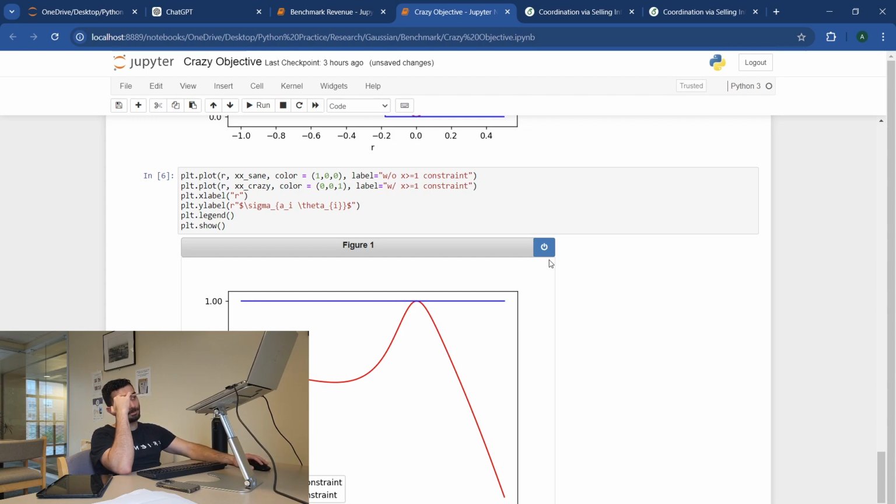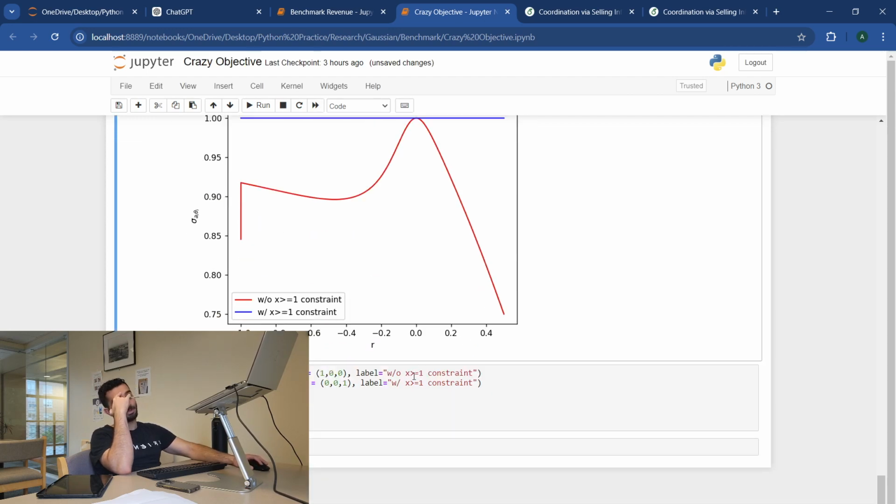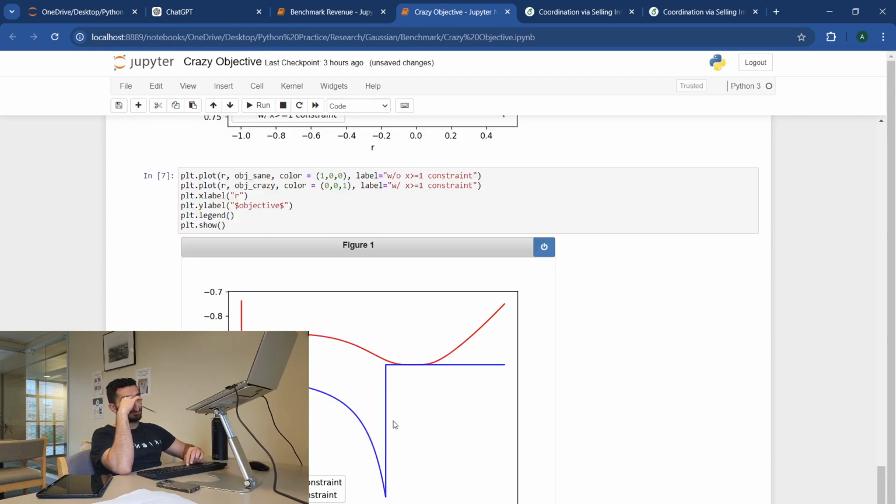Actually, I'm so happy that in our optimal welfare and optimal revenue, we don't need to add. Actually, we get the x greater than 1 for free because blue curves are crazy. Do you see? Okay.